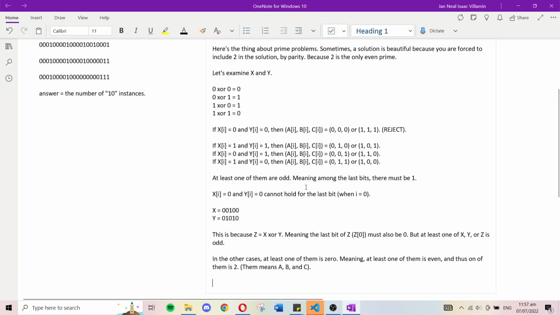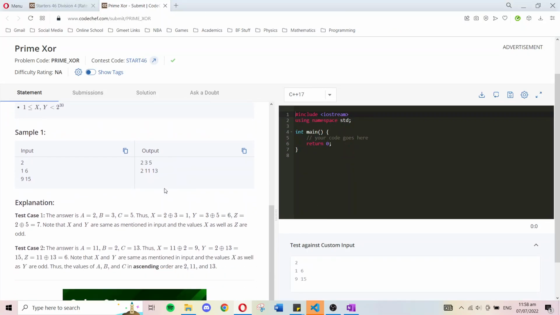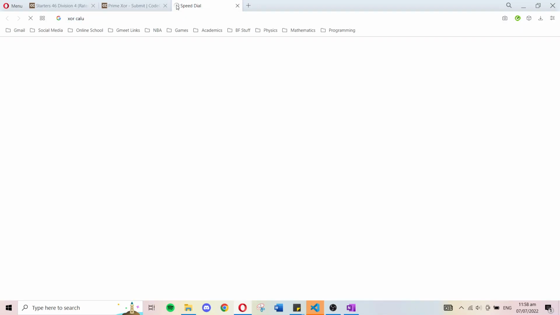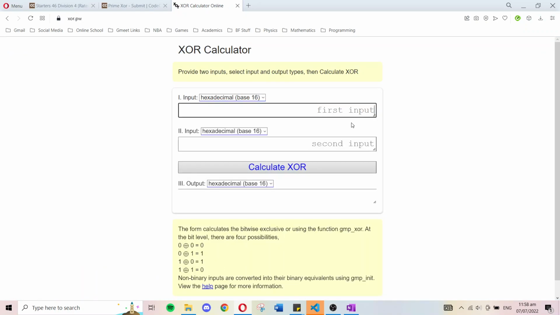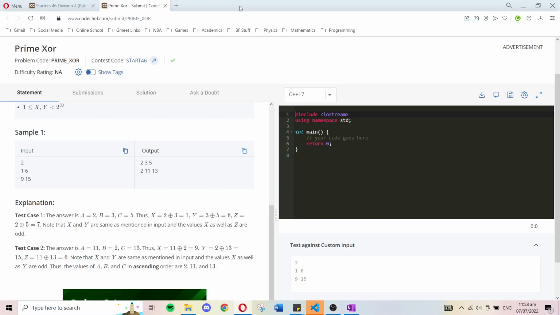Alright. Now, this means in all cases, wait, what is 9 XOR 15? What is 9 XOR 15? 6.